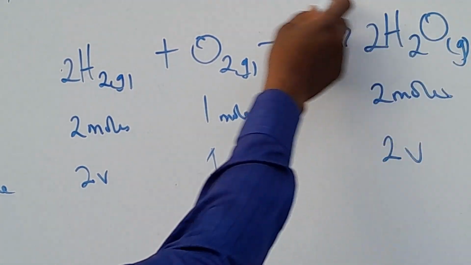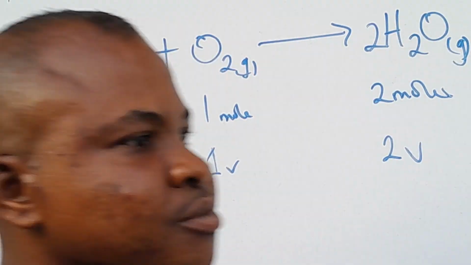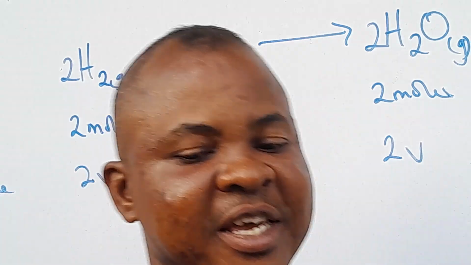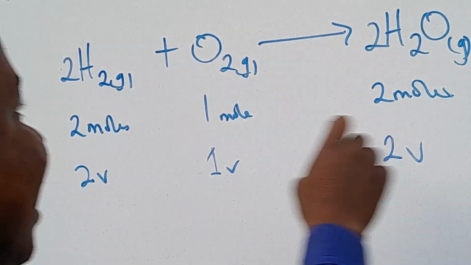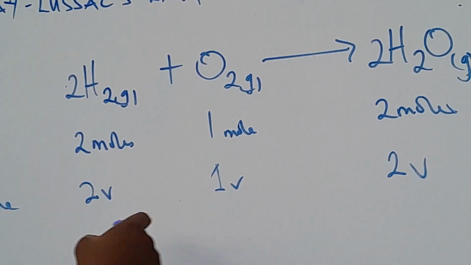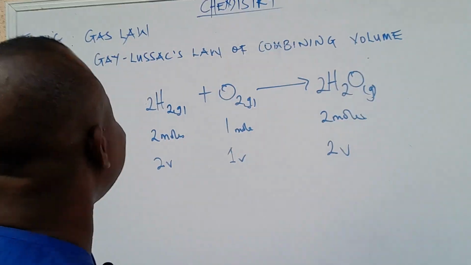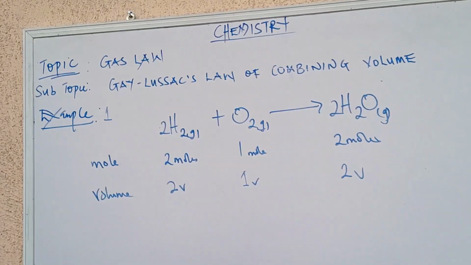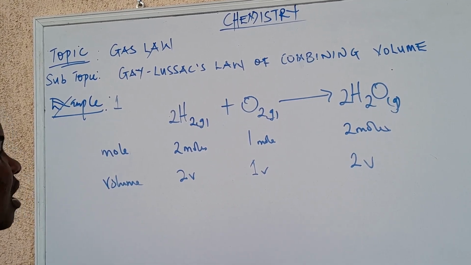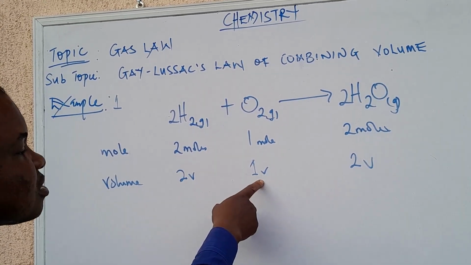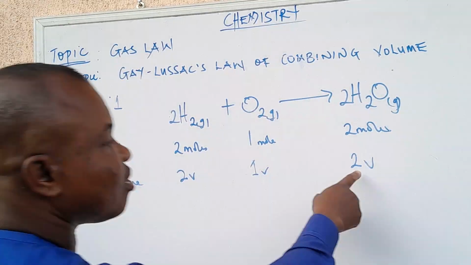So this equation is the key to Gay-Lussac's law of combining volumes. You have to know how to write this equation and you have to understand the rudiments concerning it. Let me go over it again. 2 moles gives us 1 volume, gives us 2.